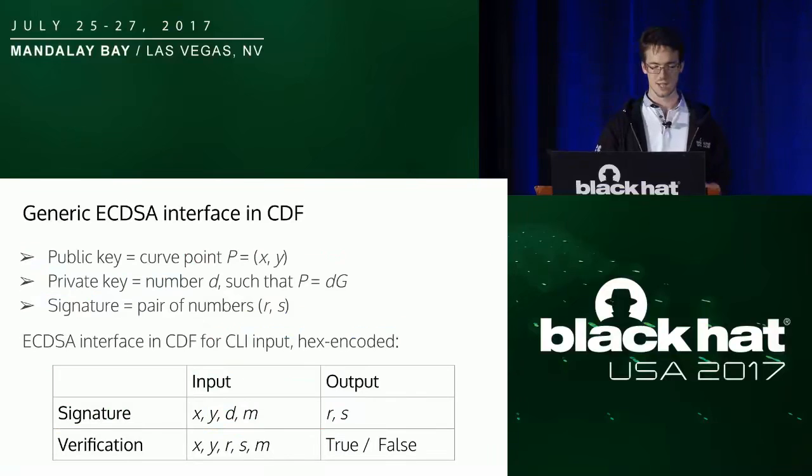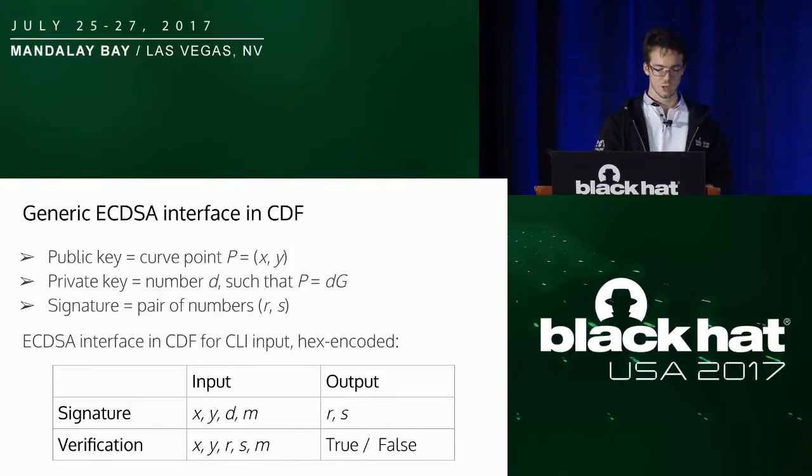We decided to deal with that through what we call interfaces. So for example, if you want to test an ECDSA implementation, you will have to code a little program which will work as a proxy between your API and our API. Currently our API is only on command line arguments, so CDF will basically be doing exec calls on the implementation at hand with the arguments in command line.